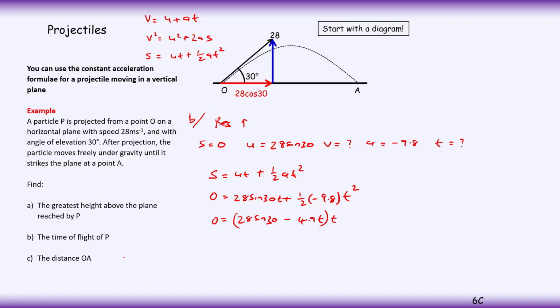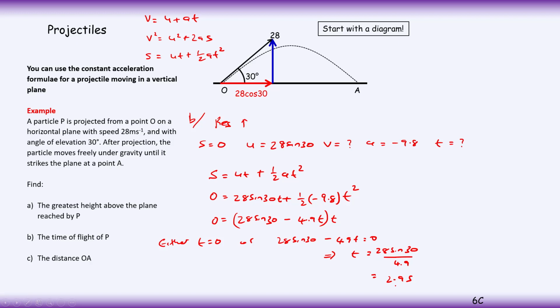So either t is equal to 0 or 28 sine 30 minus 4.9 t is equal to 0, which implies that t is equal to 28 sine 30 divided by 4.9, which is equal to 2.9.